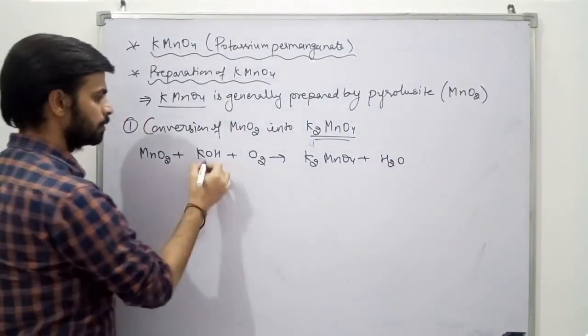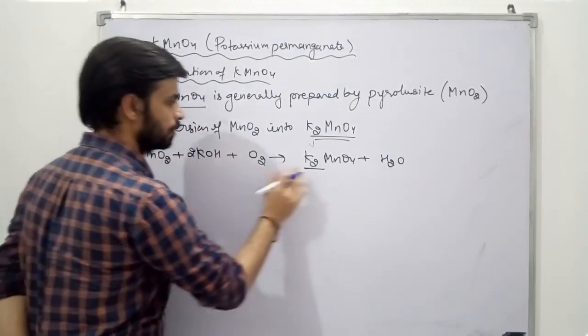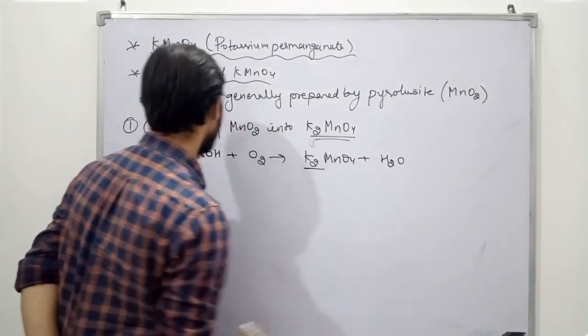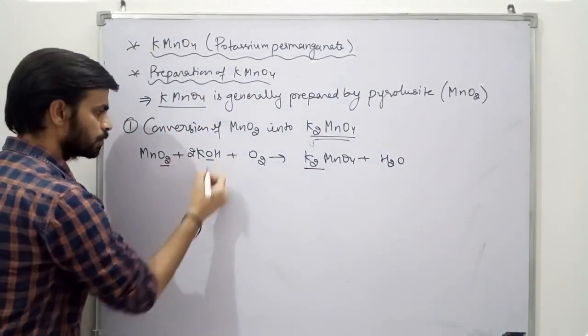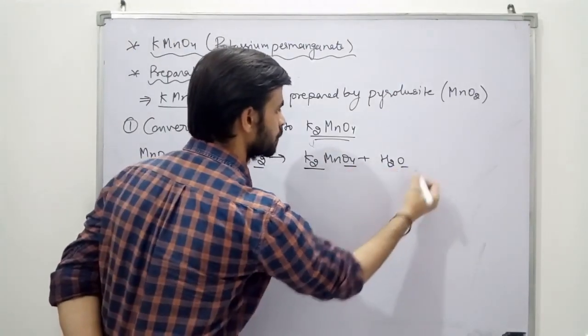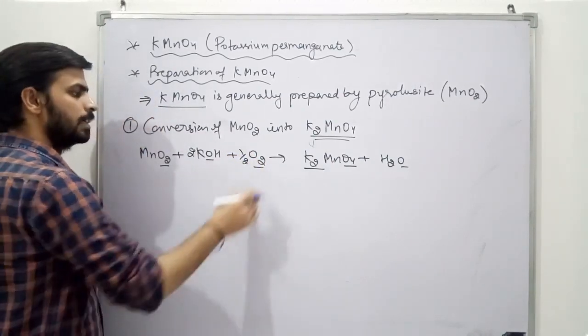Now we have 2 potassium, so multiply this by 2. Manganese is 1, hydrogen is 2. On the left, 2 plus 2 is 4, plus 2 is 6 oxygen, but on the right we have 4 plus 1, 5 oxygen. So if I put a half here, that gives 1 oxygen.